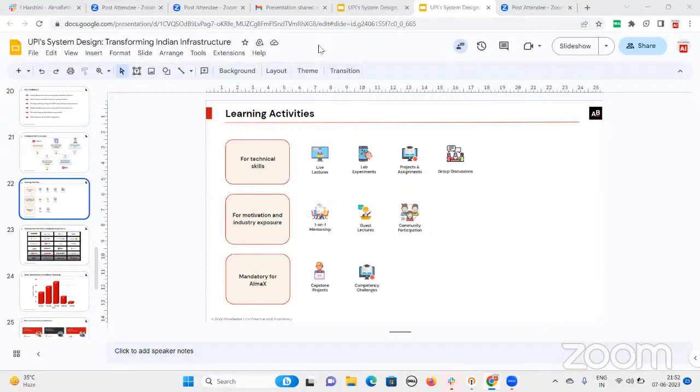Yeah, system design you will be getting when you will be covering the modules. Within the module, you could check into the website itself.